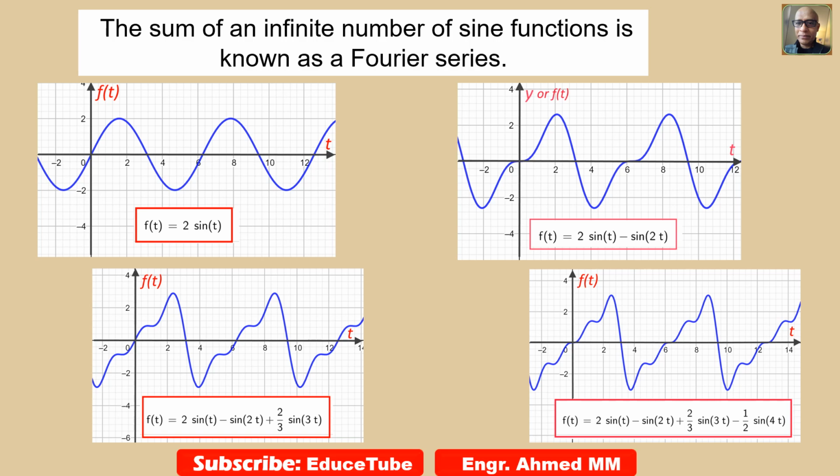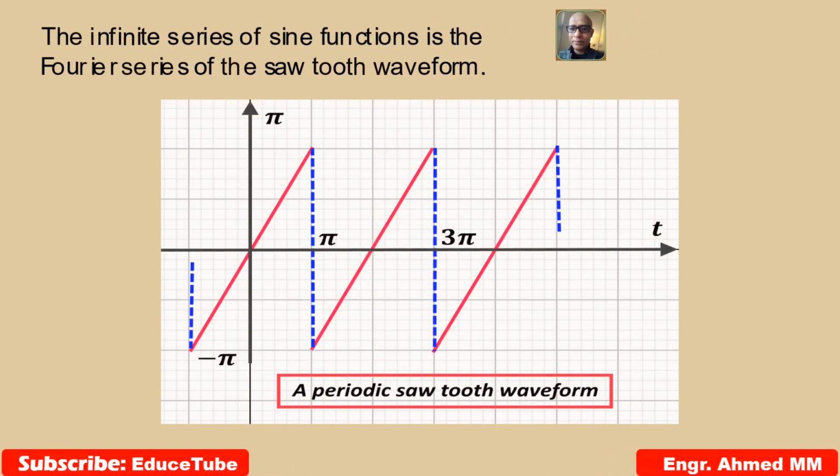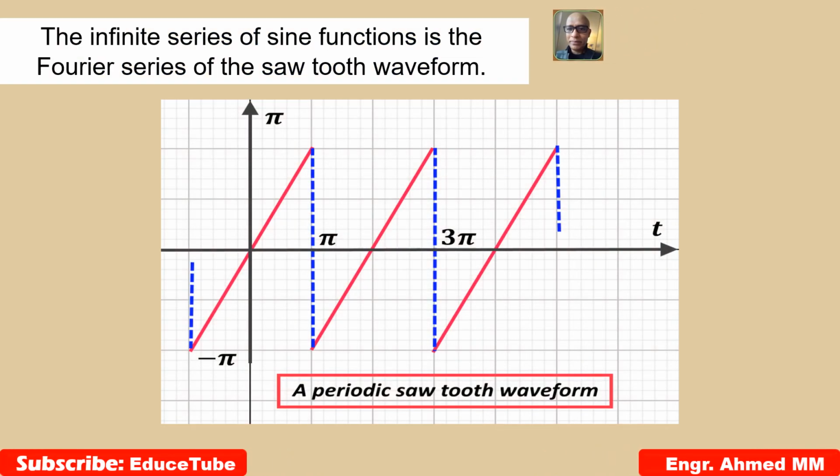That is why I've said, as more and more sine terms are included, the graph appears to resemble more and more closely the periodic sawtooth waveform. So by using an infinite series of sine functions, we can show that the sawtooth waveform can be drawn in a graph.